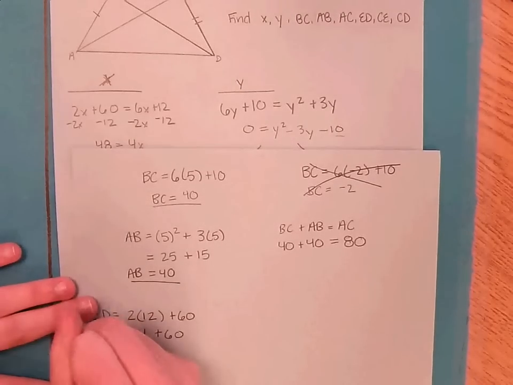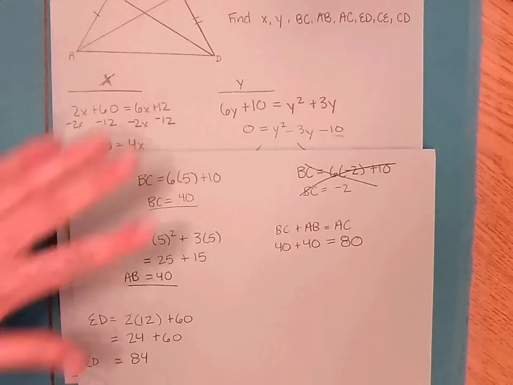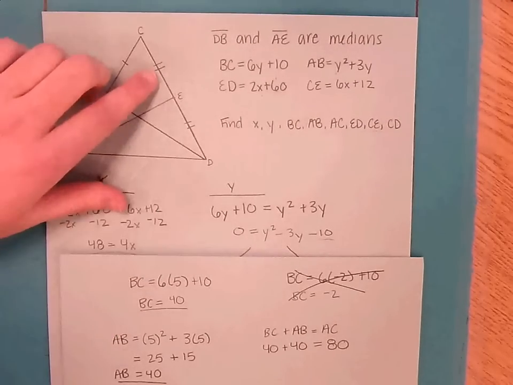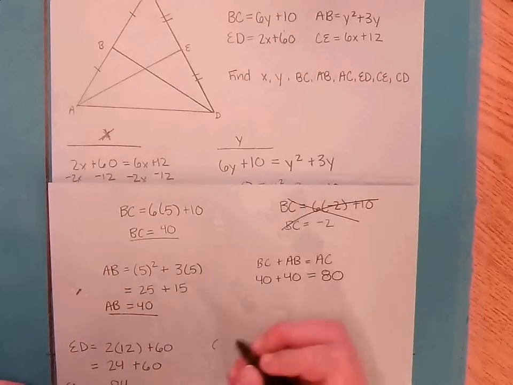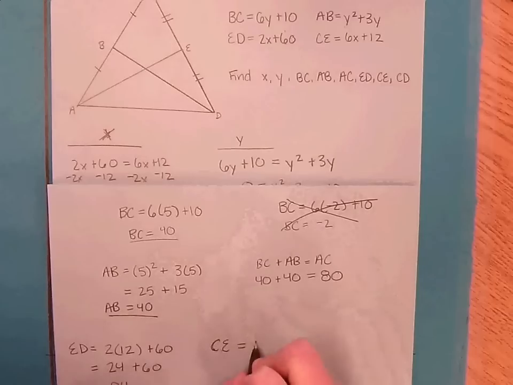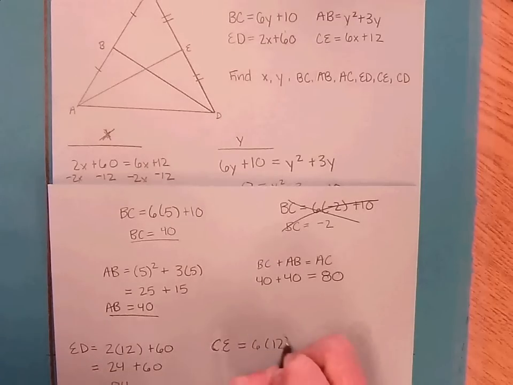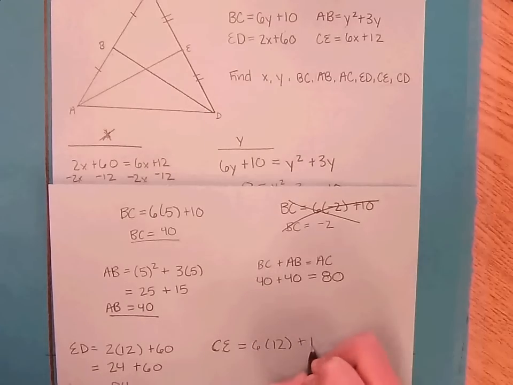So ED is 84. Now hopefully we get the same answer for CE, because we said that CE is equal to ED. Let's find out. So we have CE equals 6x, so our x value is 12, plus 12.